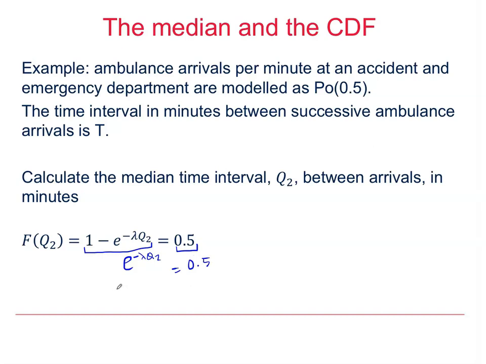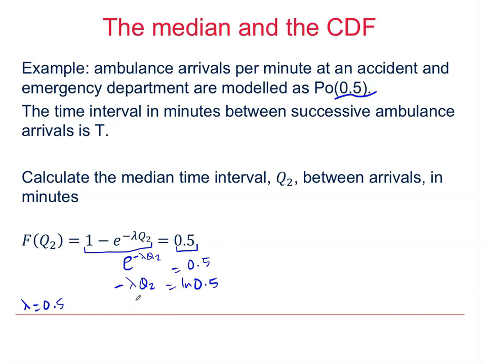If we then take logs, we finish up with minus lambda q2 is equal to ln of 0.5. In this case, lambda is 0.5. That is the rate of arrivals to the accident and emergency department.